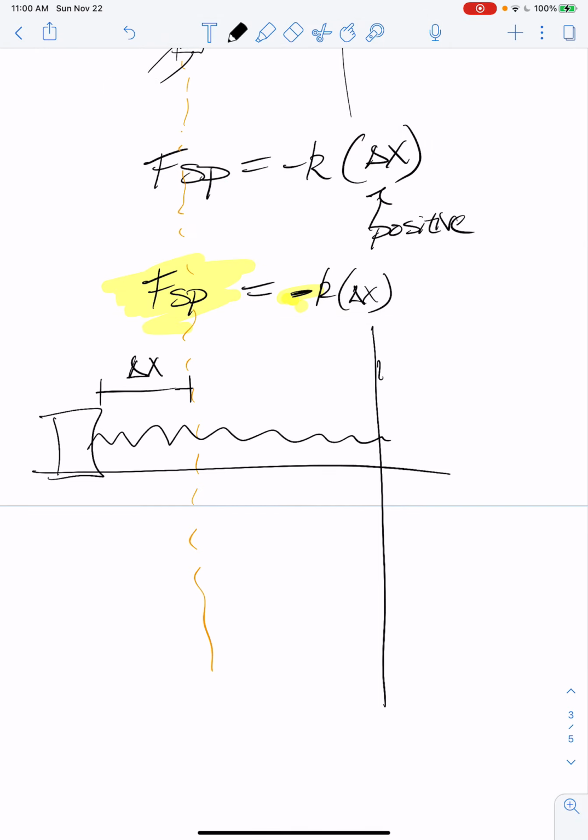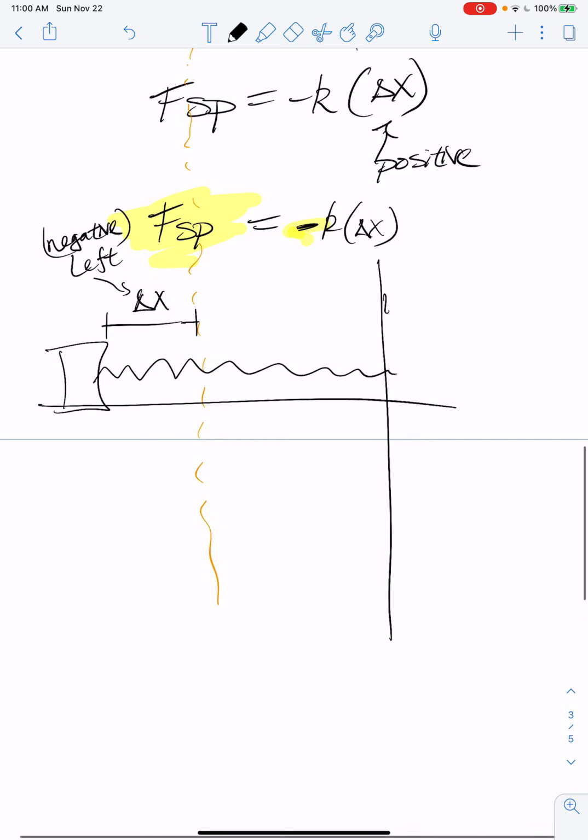But now delta x is left, right? So it's negative. Okay, and we said that force spring wants to point towards equilibrium and now points right.